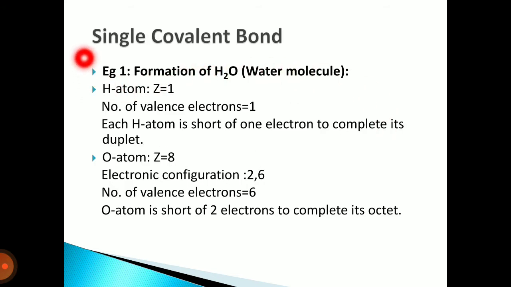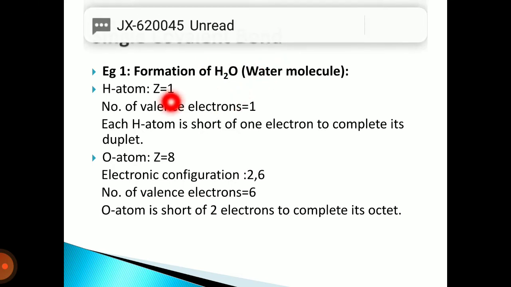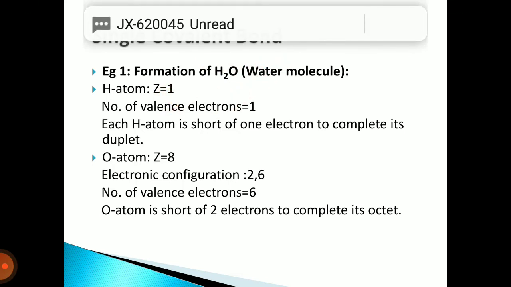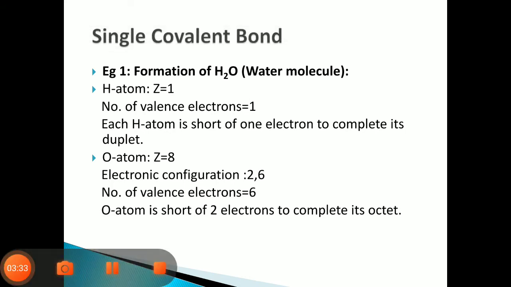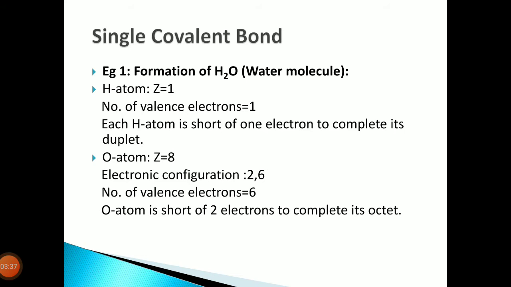Now let us study single covalent bonds along with the formation of covalent compounds. Example 1 of a single covalent bonded compound is the formation of the water molecule. This is the chemical formula of the water molecule, H2O. There are two hydrogen atoms and one oxygen atom.